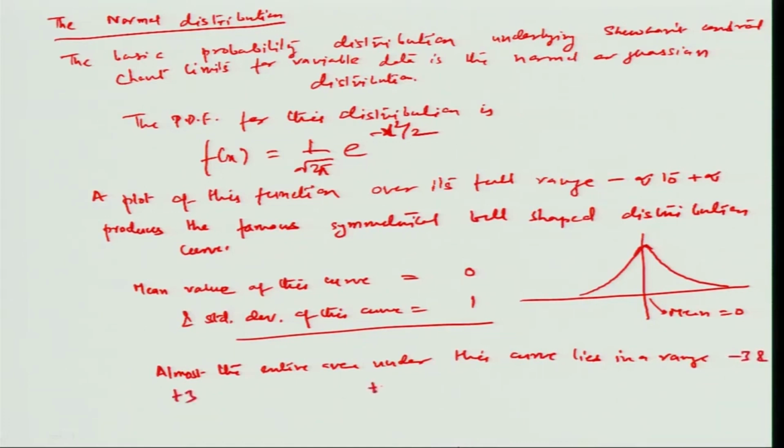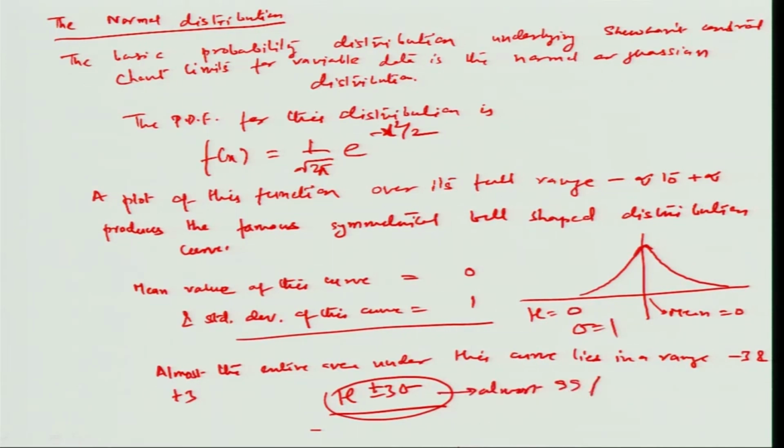So, basically typically within mu plus minus 3 sigma, sigma being equal to 1 and mu is 0 in this particular case, almost you can say 99% of the values would be present.